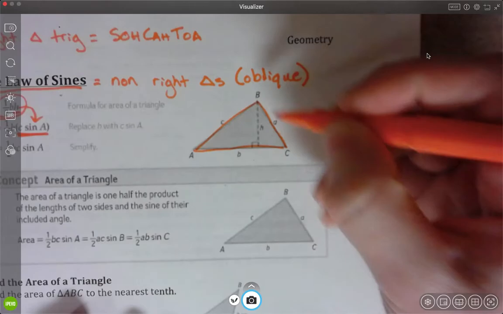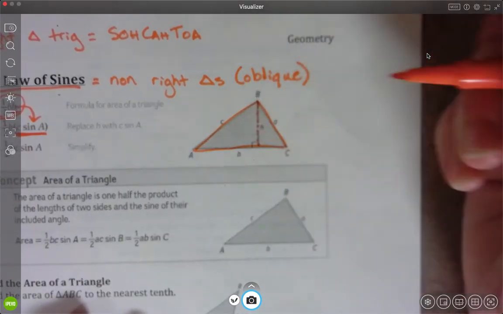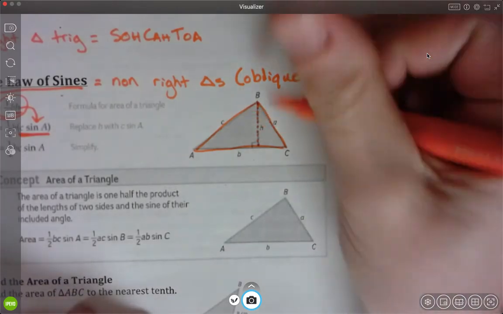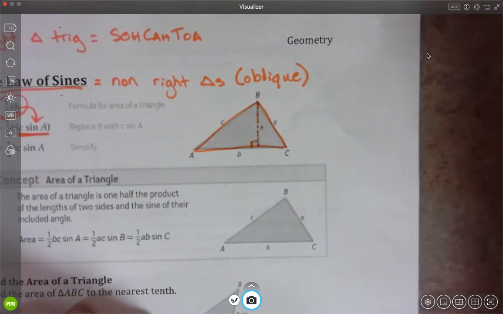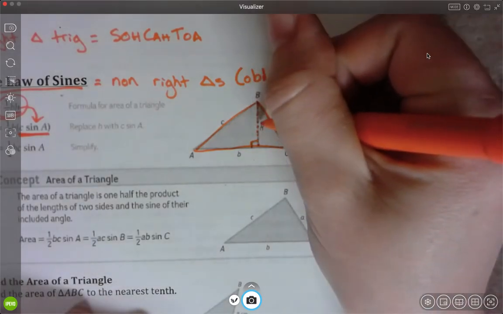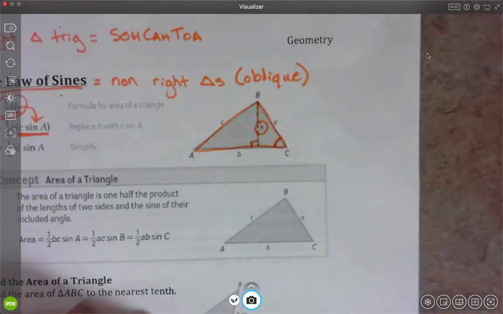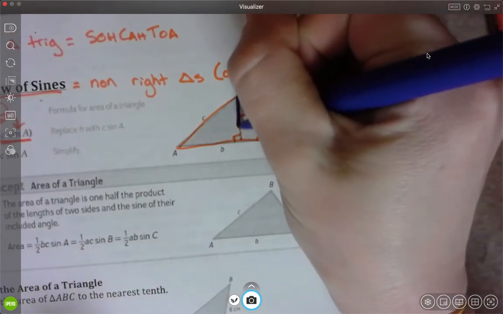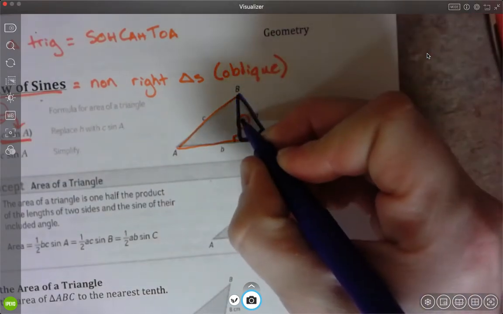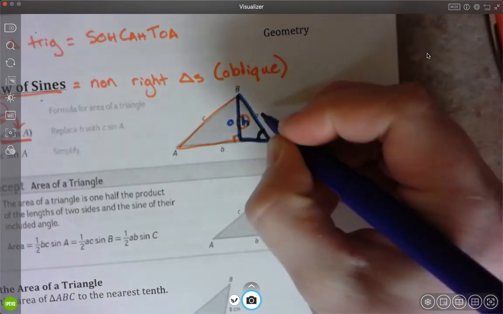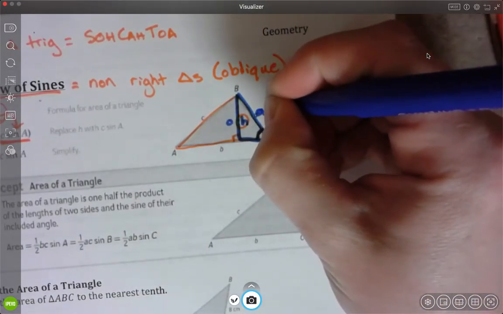So if we take this triangle right here and we're trying to represent the height, this height is like the altitude, where it makes a 90-degree angle with the bottom. That's the height we have to use. A way we can represent that height is if we look at this right triangle and this angle C. H is going to be the opposite, and A is going to be the hypotenuse.